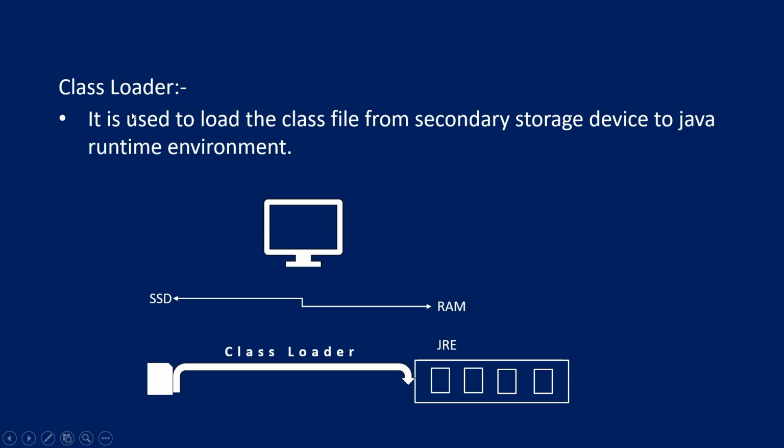First, the class loader goes to the SSD, meaning your secondary device where your file is saved. It gets the file from there and then goes to the JRE environment, where your code is executed. That's all about this video.